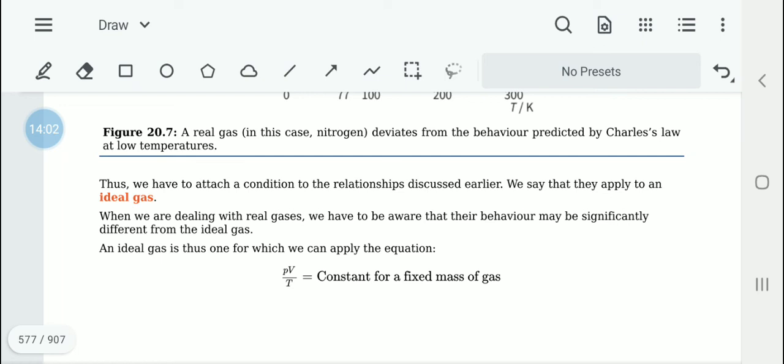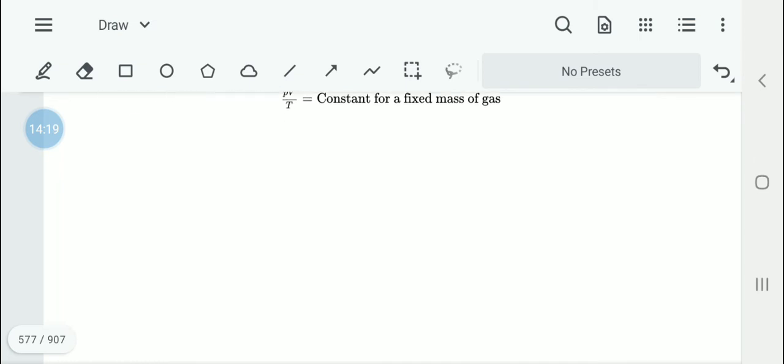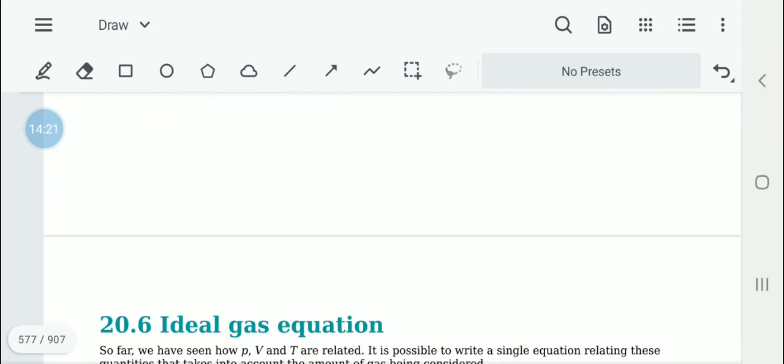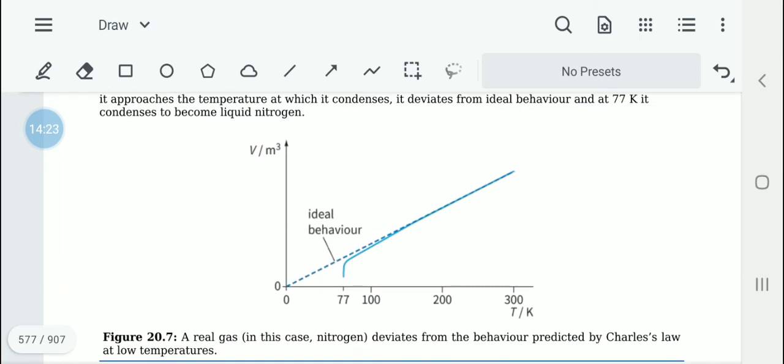So we can say an ideal gas is thus one for which we can apply the equation. So if we can apply the equation, then we know that it's an ideal gas. That is, PV upon T is going to be a constant for a fixed mass of gas. But if we cannot use the gas equation, then it is not an ideal gas.